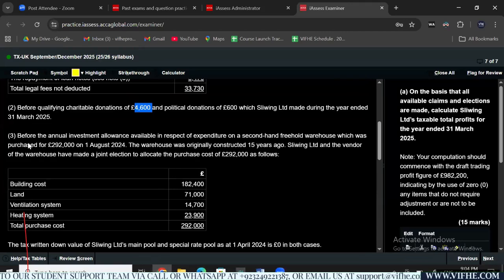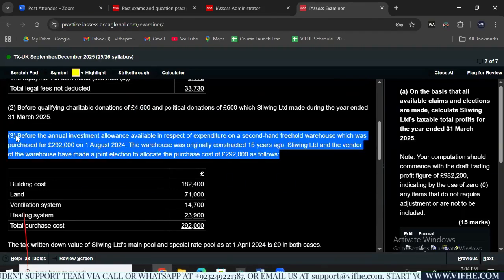Then they have given the third piece of information: the annual investment allowance available in respect of expenditure on a second hand freehold warehouse which was purchased for £292,000 on 1st August. The warehouse was originally constructed 15 years ago. So this building is quite an old one, and all the buildings which were constructed before October 2018 will not be eligible for structures and building allowance.